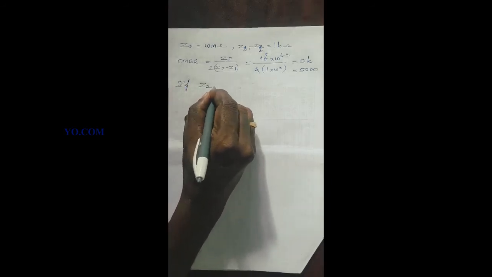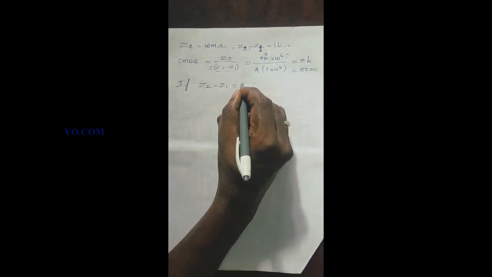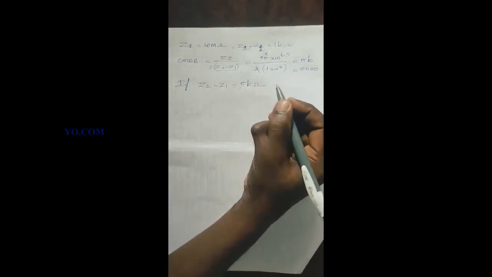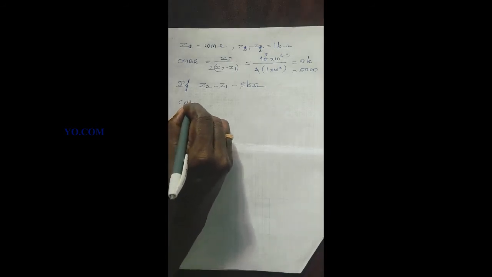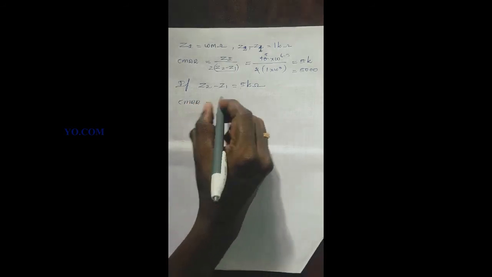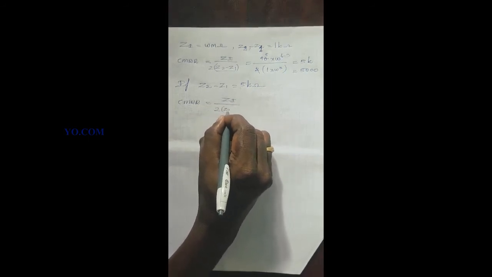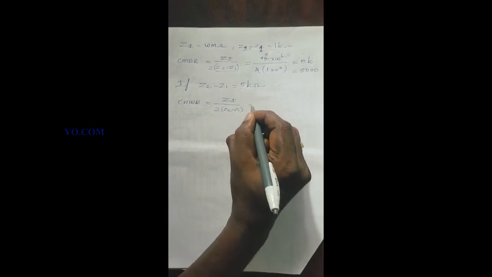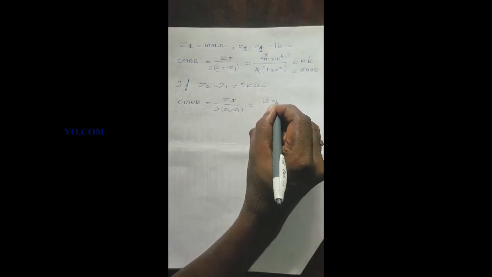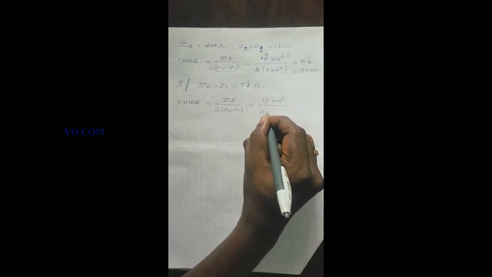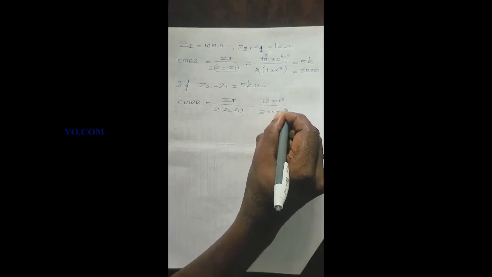Now consider if Z2 minus Z1 equals 5 kilo ohm. Then CMRR equals Zi divided by 2 into Z2 minus Z1, that is 10 power 6 divided by 2 into 5 into 10 power 3.